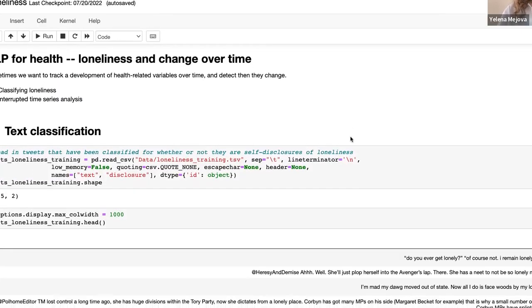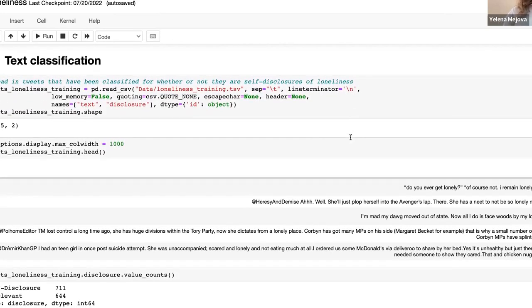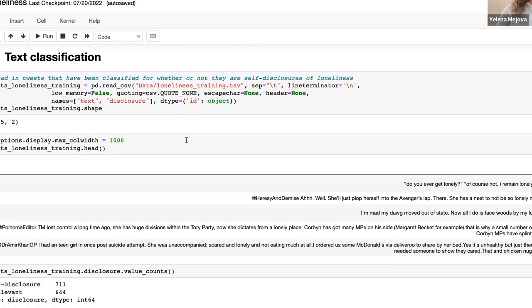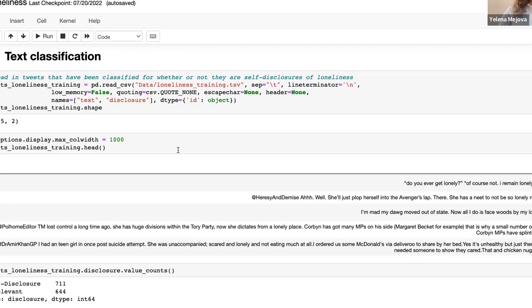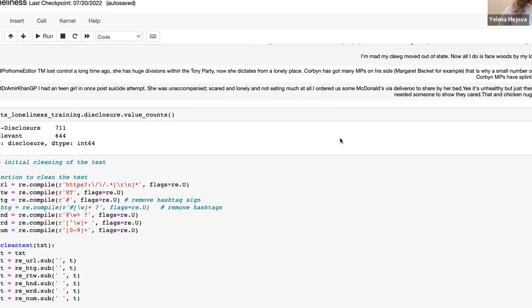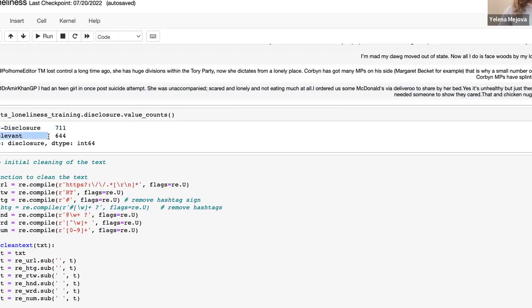So first, I want to show you another example of text classification that you've already seen in previous lectures. Here I am using a data set that we've manually curated. So we have self-disclosure and irrelevant tweets.